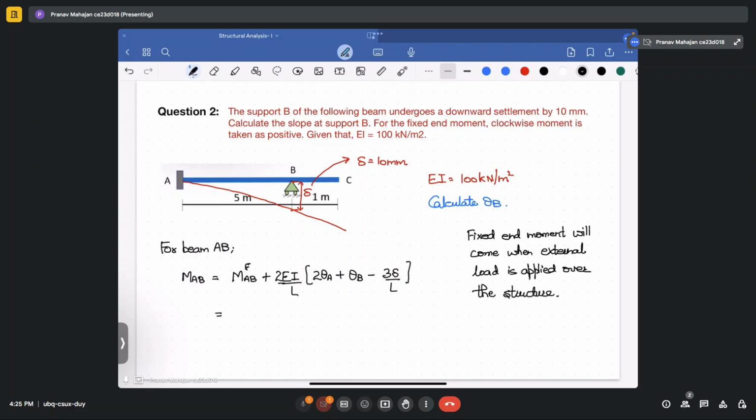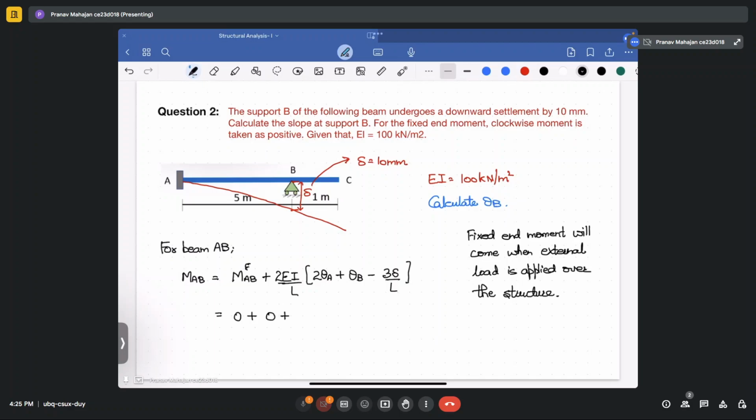So in this case, your MAB fixed will be equal to 0 plus, since it is a fixed end, theta A will also be equal to 0. So your first term will be equal to 0.